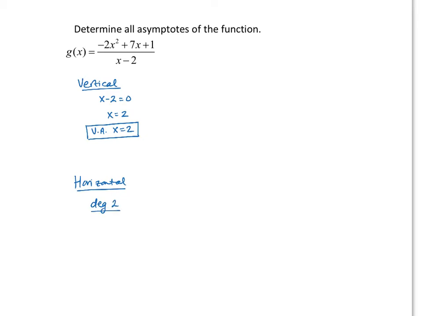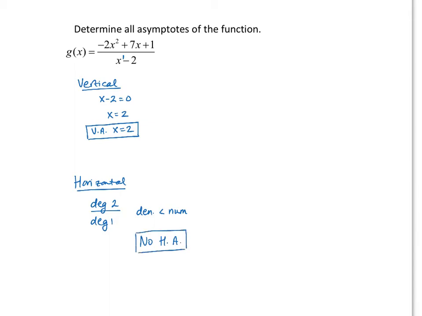The denominator has a degree of 1, because we could think of this as x to the first minus 2. So we want to compare these degrees. So what we notice is that the degree of the denominator is less than the degree of the numerator. So anytime the degree of the denominator is less than the degree of the numerator, our conclusion is that there is no horizontal asymptote.